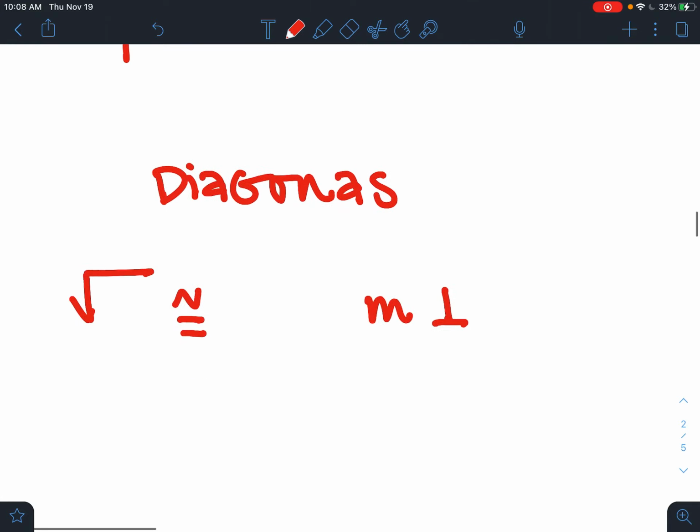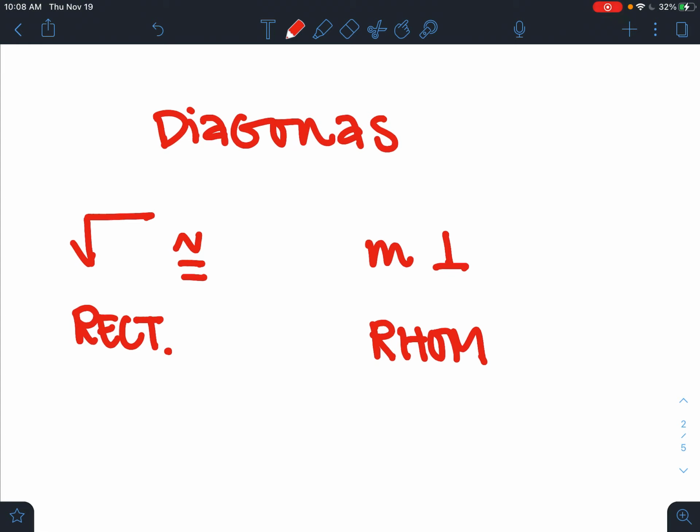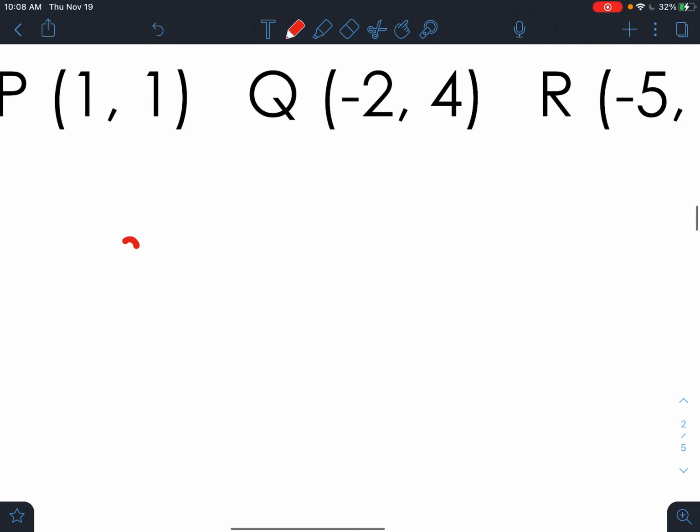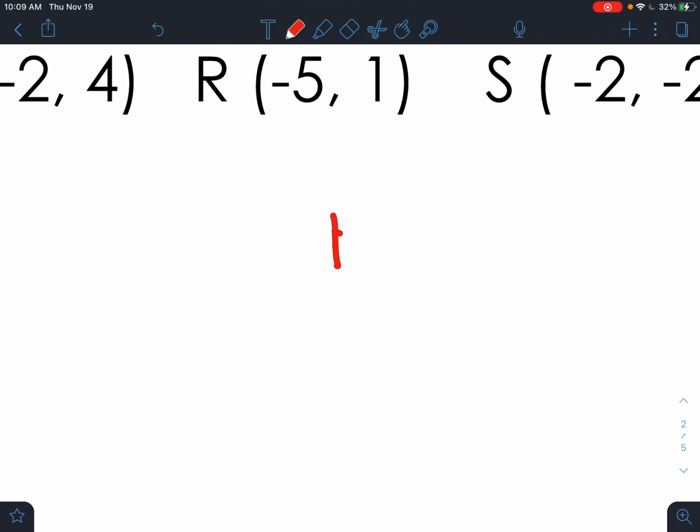If they're congruent, we know that it's a rectangle. If they're perpendicular, then we know that it's a rhombus. And if it's both congruent and perpendicular, we know that it's a square. So again, we're going to figure out what's going on with the diagonals. The diagonals are QS and PR.